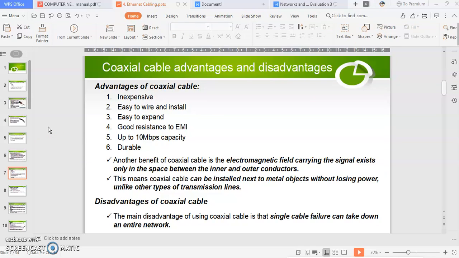What are the advantages and disadvantages of coaxial cable? Obviously, there are disadvantages and advantages. We need to know that, in order for us, if we will be on the field, because it can't be avoided in your work. I know some computer science graduates whose field is more on IT, more on networking.